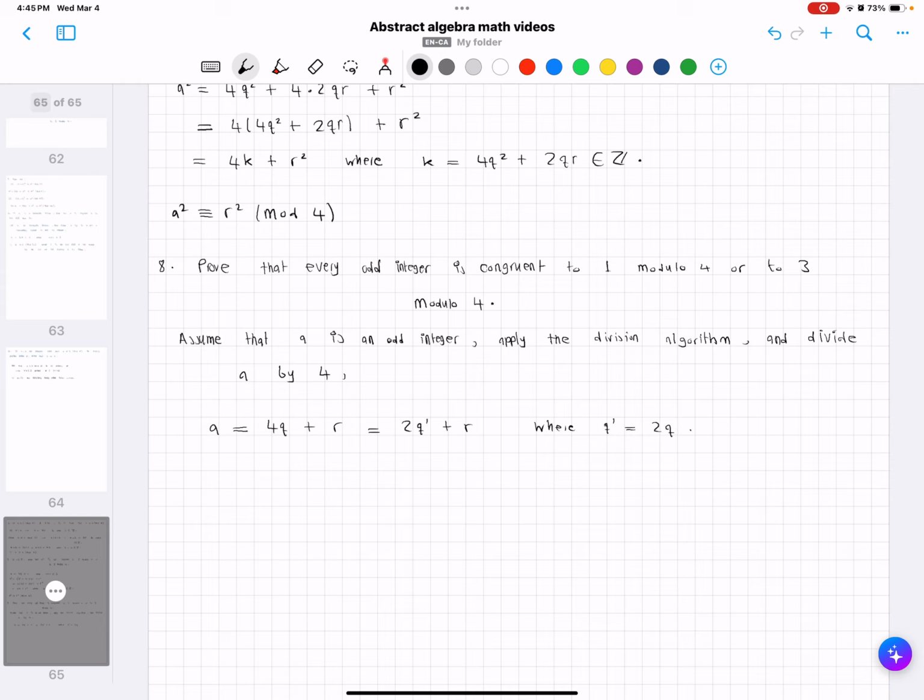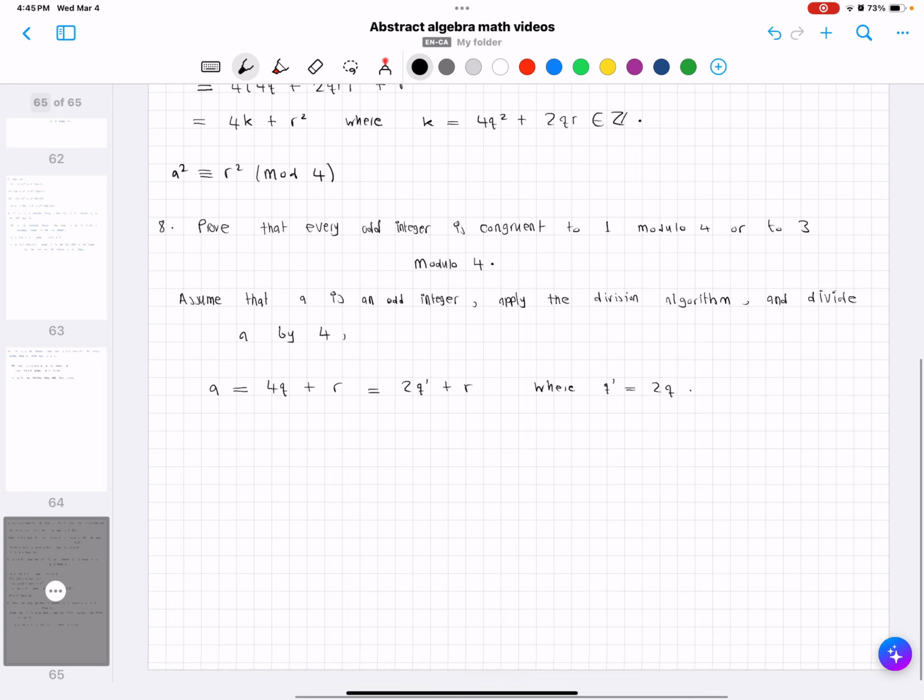So it could be 1 or it could be 3. So that's the main idea. So A is congruent to R mod 2. So R must be odd.